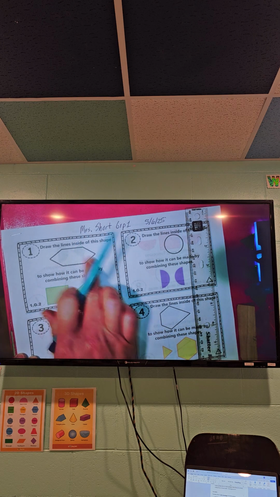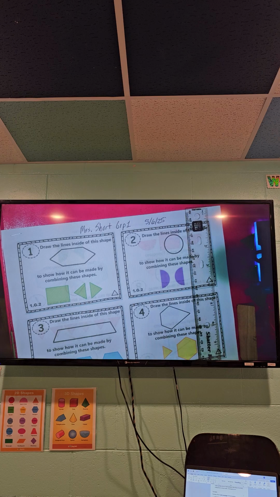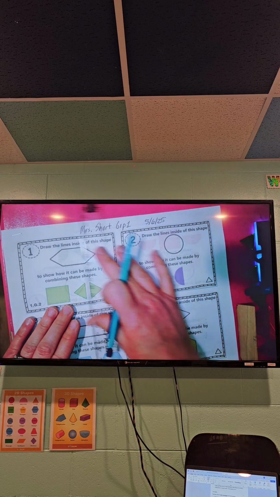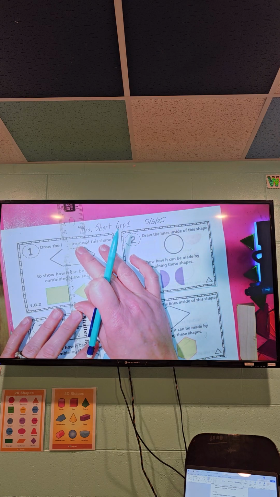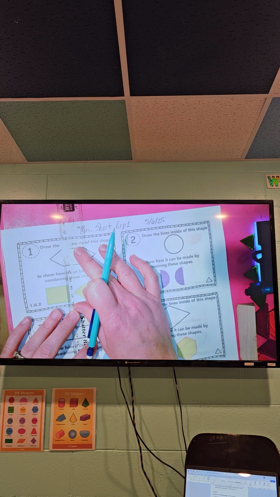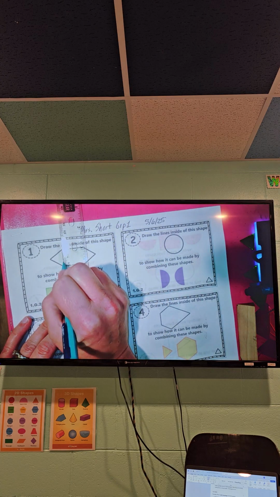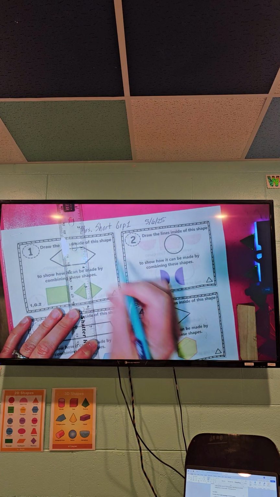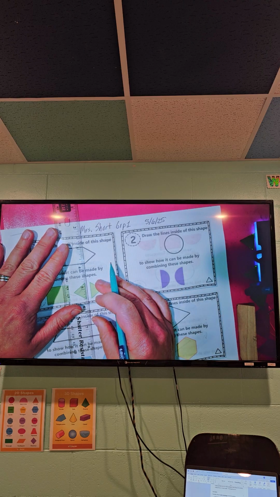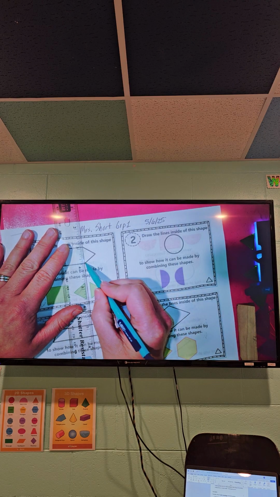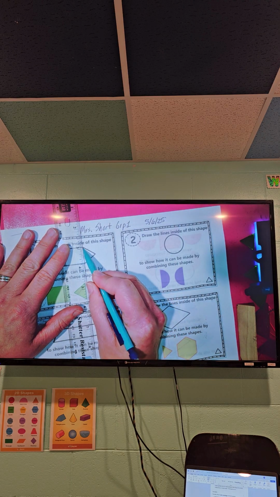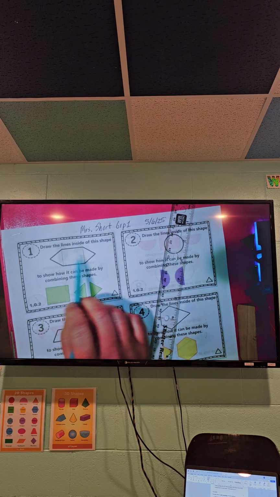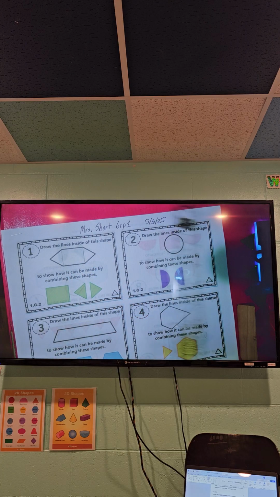So look at your shape up here and where can you draw your lines? Well, I hope you drew your lines connecting these two corners or vertices. And then these two. Now I have my rectangle and then my two triangles.